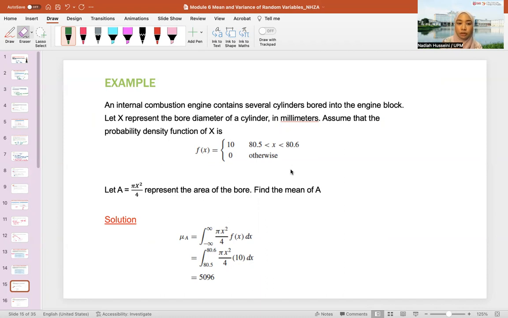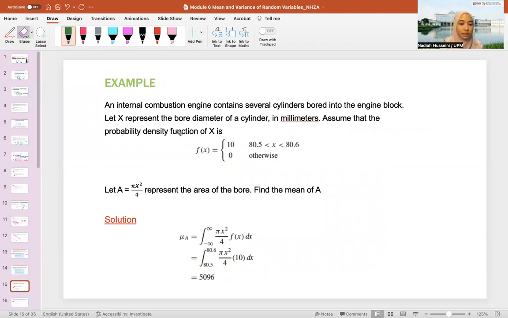When we were talking about conditional probability, whatever we covered for the test, that was when the question was really important. But for this lecture, we're just concerned about what the probability mass function is and how we use the equation. So this is the focus for this lecture. If you're scared of the question, don't be, just look at the equation. Let x represent the bore diameter of a cylinder in millimeters.